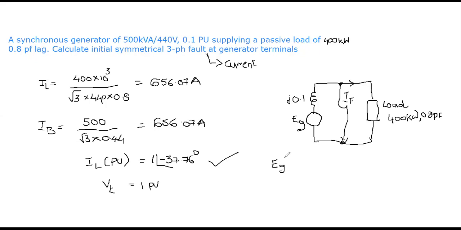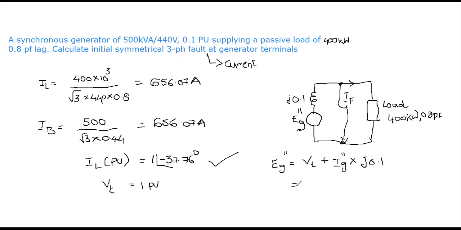So Eg double dash is equal to Vt plus Ig double dash multiplied by j0.1. Is it not? If you apply KVL in this loop, you will get Eg double dash equal to terminal voltage Vt plus Ig double dash multiplied by j0.1.